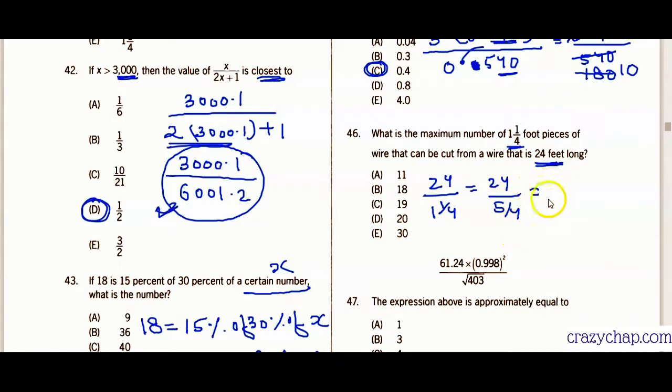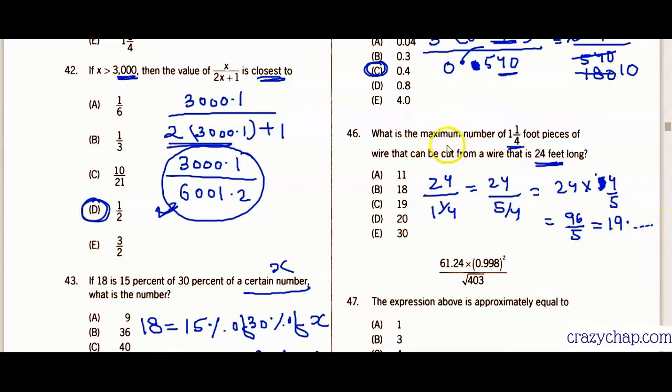So we get 96 over 5. Okay, now 96 over 5, you know that 100 over 5 would be 20. So 96 over 5 is something with 19 point something. Okay, this is a number which is more than 19, right? 19 point something something. So the question was how many maximum number of wires can be made. So 19 wires can be made. Hope it is clear.